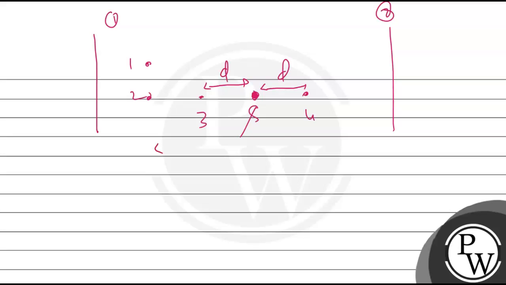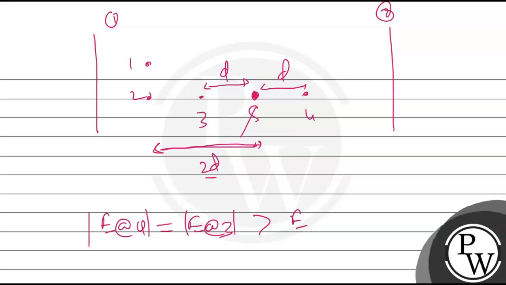And point 2 and the sphere has distance 2d. So the electric field at point 4 will be equal to the electric field at point 3 in magnitude. As the distance between the sphere and point 2 is 2d, the electric field at point 2 will be lesser than at point 3 and point 4.